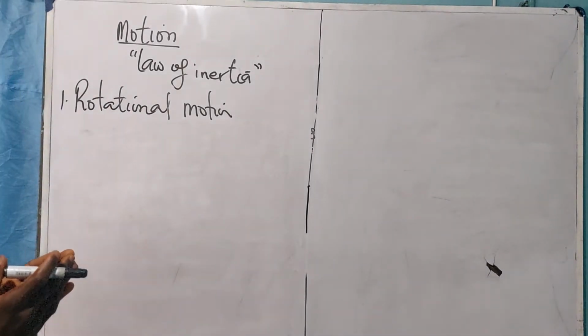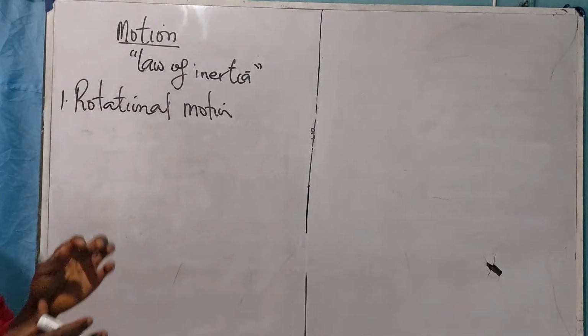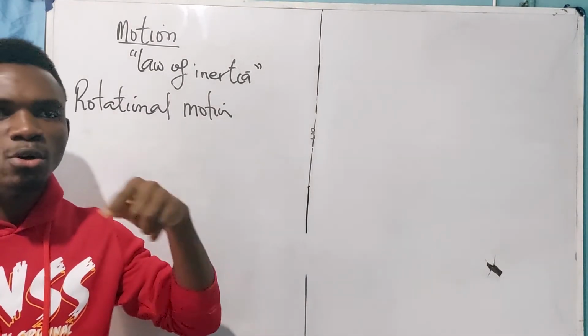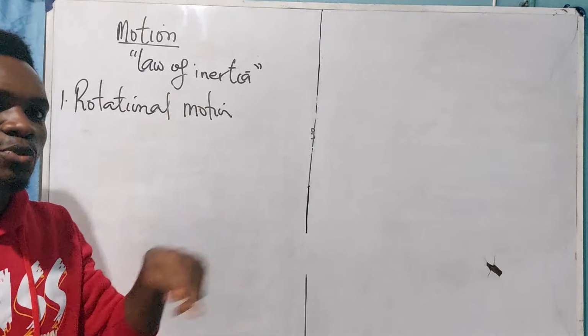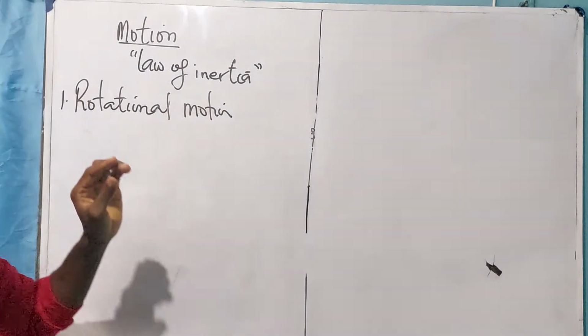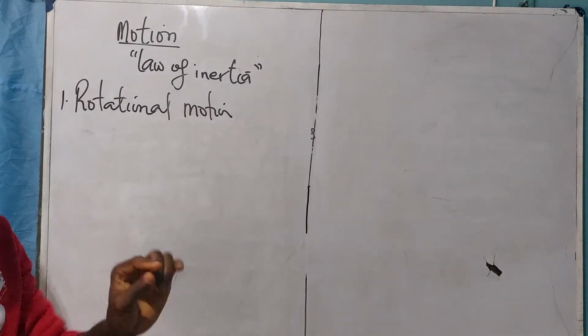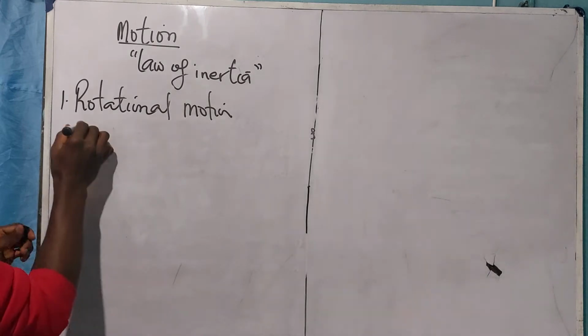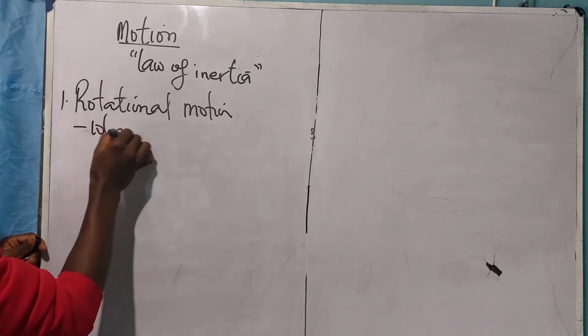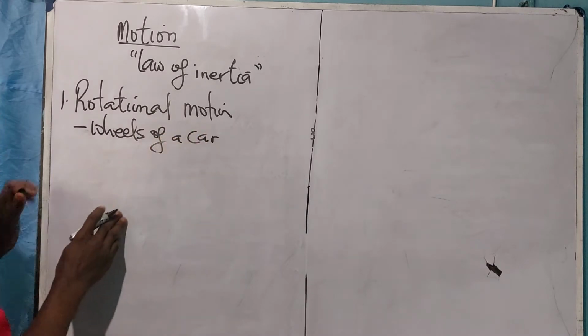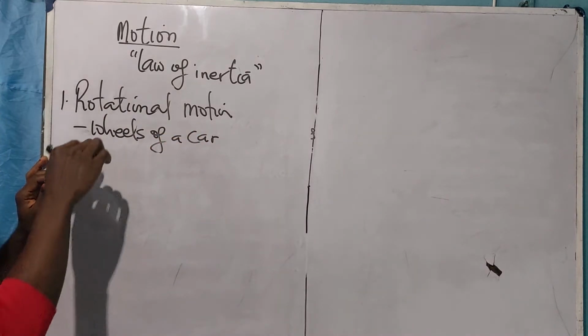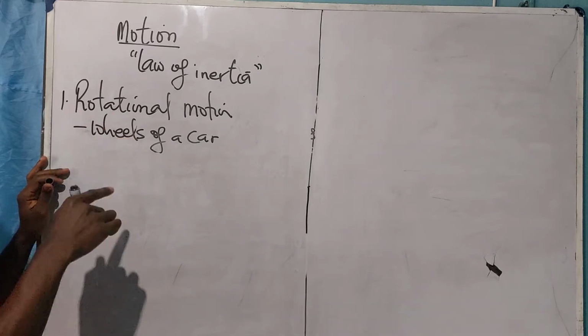A good example of rotational motion is the movement of the blades of a standing fan about its axis. Another good example is the wheels of a car. The wheels of a car possess rotational motion and translational motion.